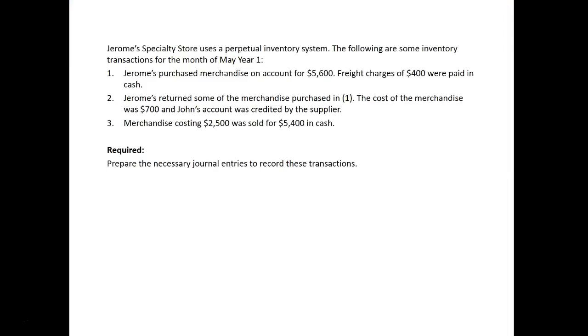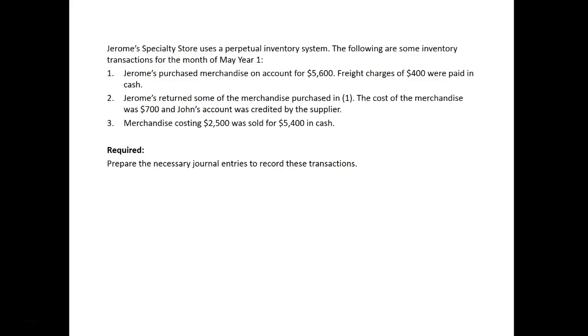Exercise 8.1 says Jerome's Specialty Store uses a perpetual inventory system. The following are some inventory transactions for the month of May, year 1. Jerome's purchased merchandise on account for $5,600. Freight charges of $400 were paid in cash.